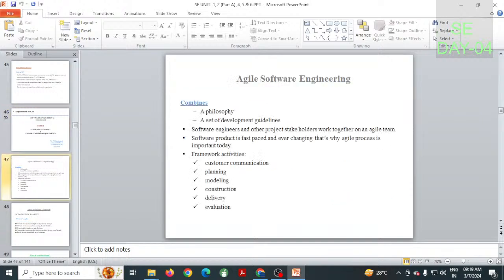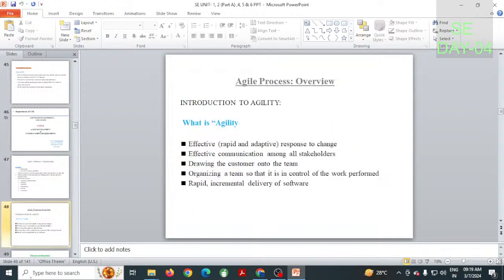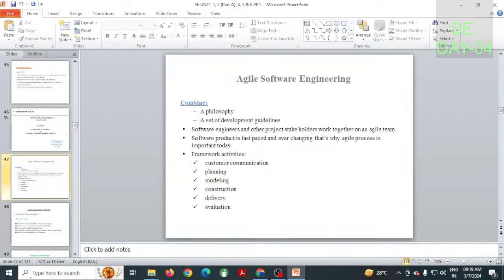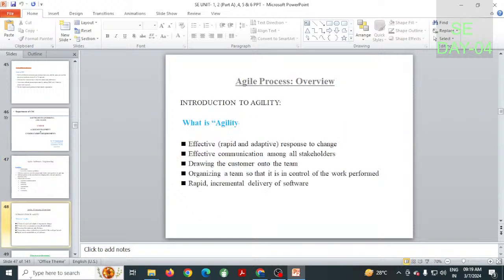Remember, whenever we are discussing agile development, before going into the depth of it, first of all we should learn what is agile, which we can also call agility.